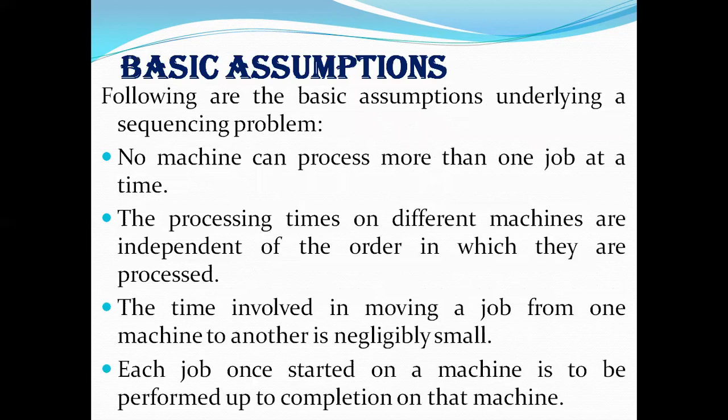Going on with the basic assumptions, we will recall the laws. No machine can process more than one job at a time, because there is a tool change involved for the commencement of another operation.